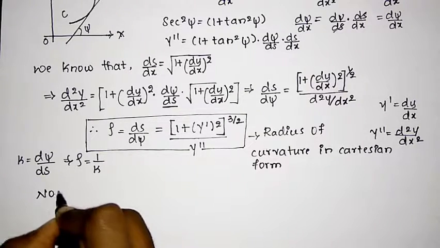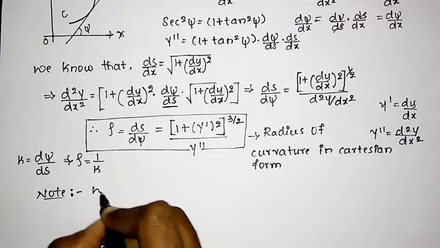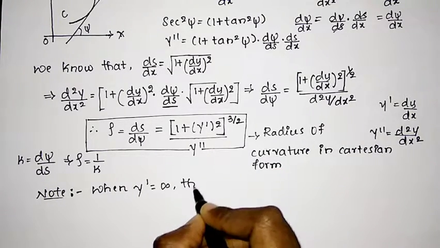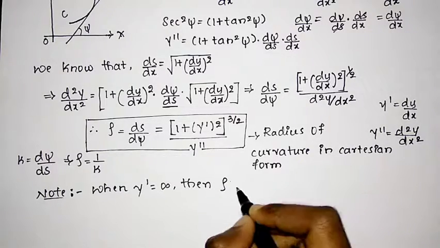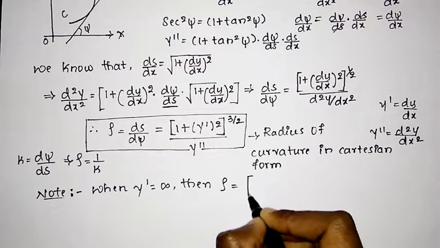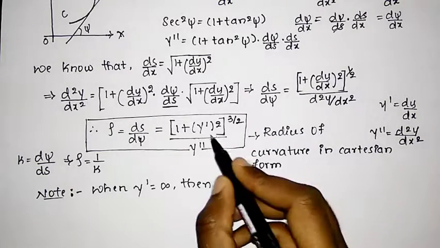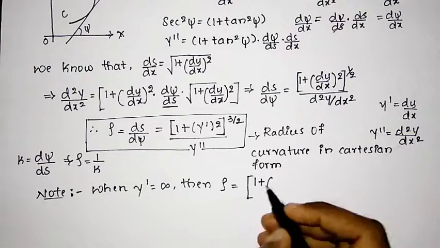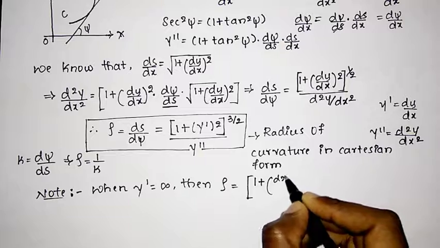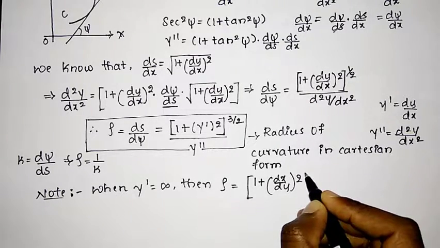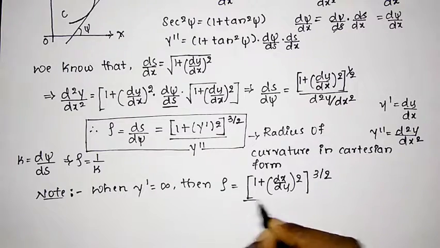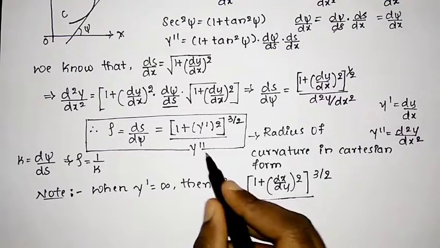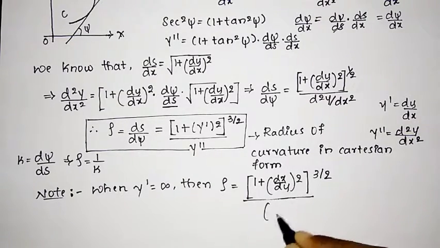Then we shall consider one note. When y dash is equal to infinity, what will be the radius of curvature? Then rho is equal to 1 plus dx upon dy whole square, raised to 3 by 2, divided by the second derivative.